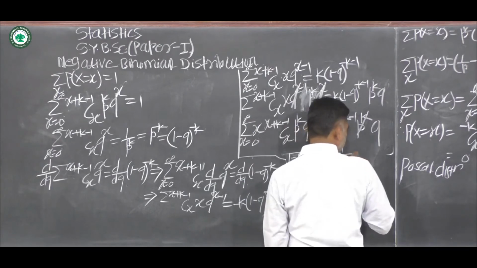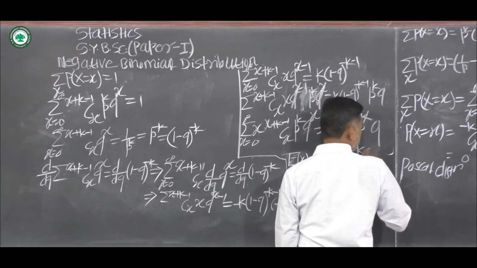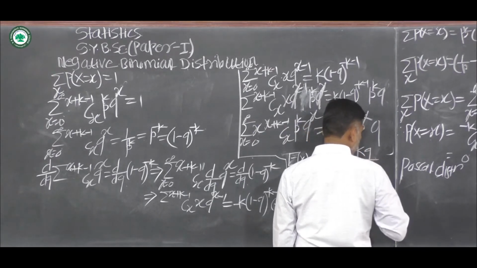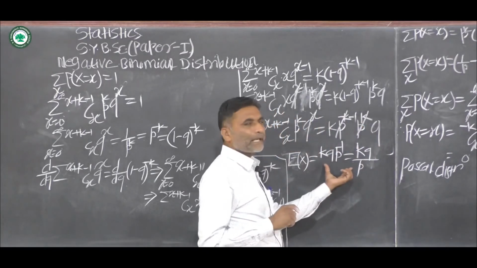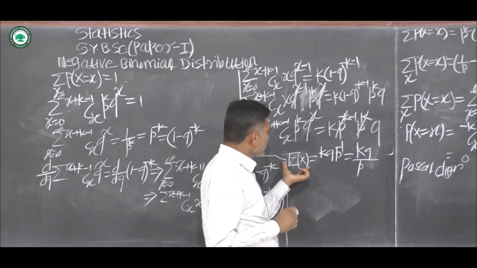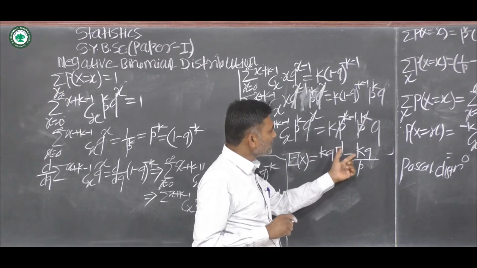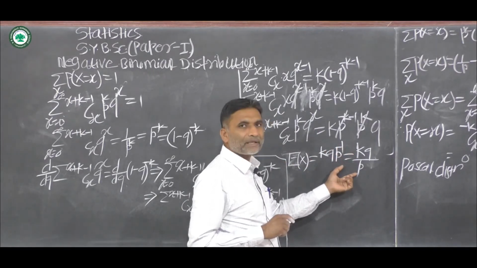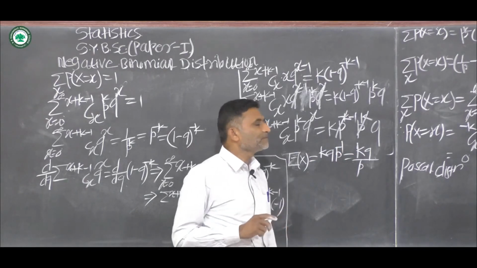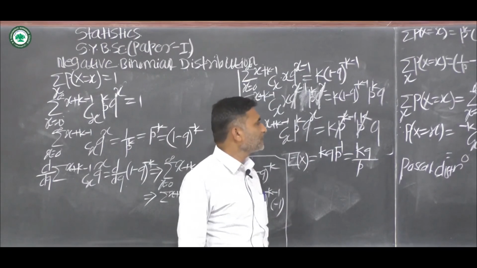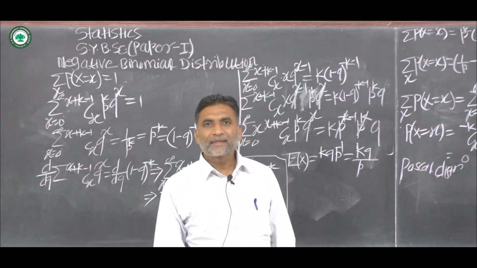This can be written as k into q upon p, and this is the mean of the negative binomial distribution. Expected value of X is equal to k q upon p, which is the mean of the negative binomial distribution with parameters k and p. Okay, thank you.